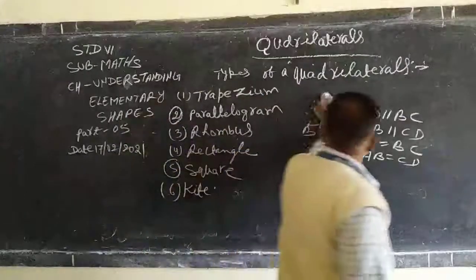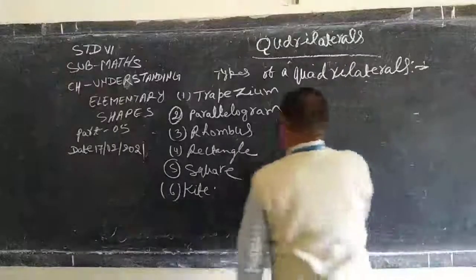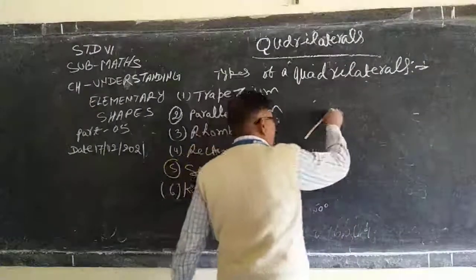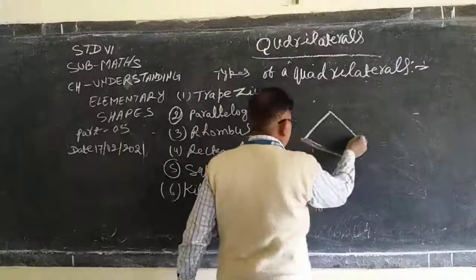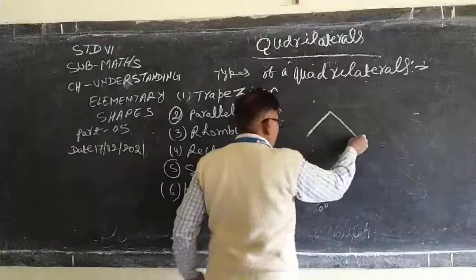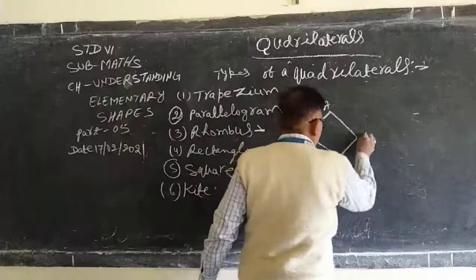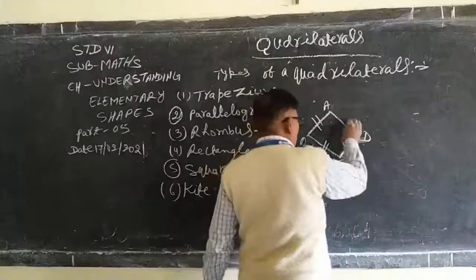Rhombus. Please listen. In a rhombus, what can you say? A rhombus has 4 equal sides. It is a parallelogram. ABCD is a rhombus in which all the sides are equal.